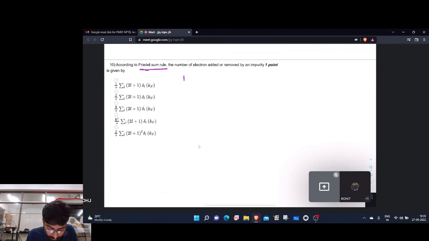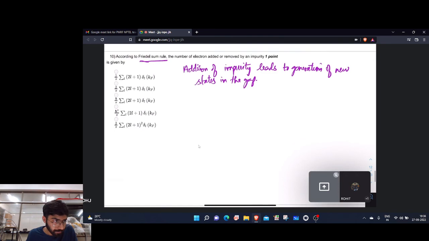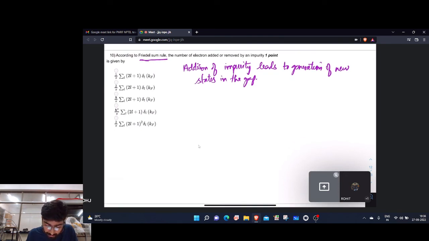Now we know that addition of impurity leads to generation of some new states in the gap, and these new states accommodate these additional impurity electrons, right?